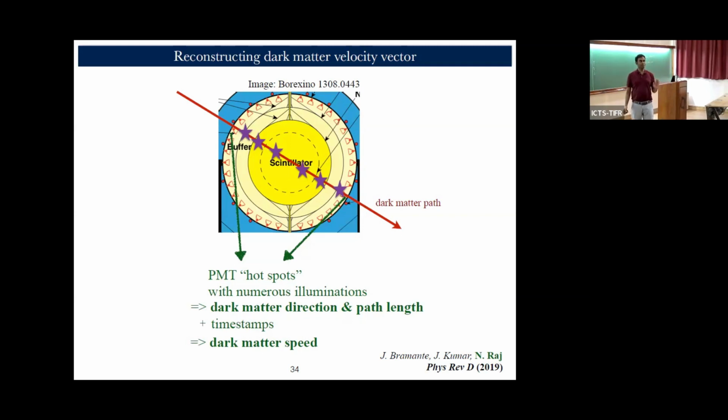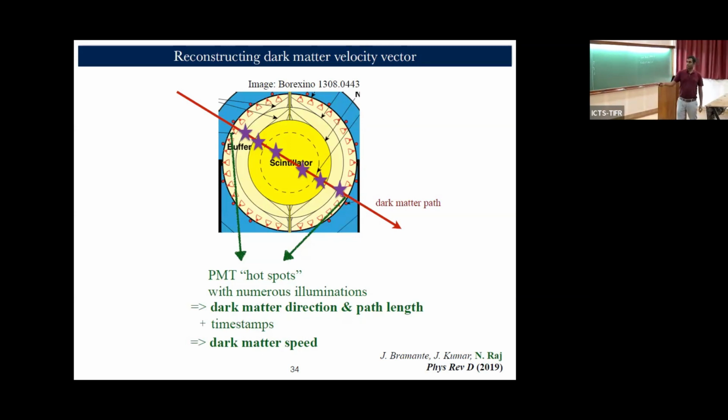to start saying something about the phase space distribution of dark matter in the galactic halo. How could you do that? Since you have such good vertex reconstruction and timing information, if you had a dark matter multiscattering event through something like SNO+ or Borexino, using which of the PMTs light up at what time, because you have excellent information on timestamps, you could literally reconstruct the direction and path length of dark matter.